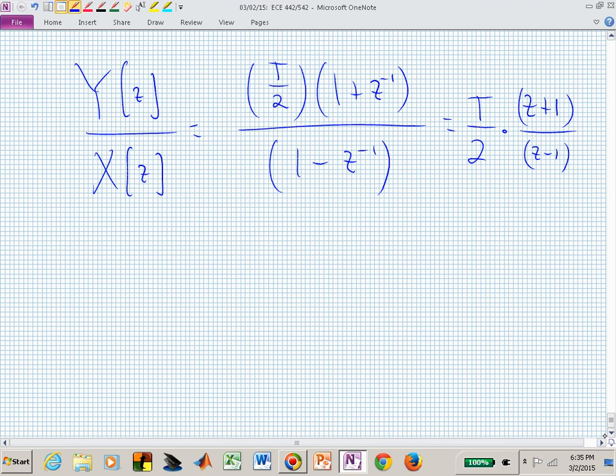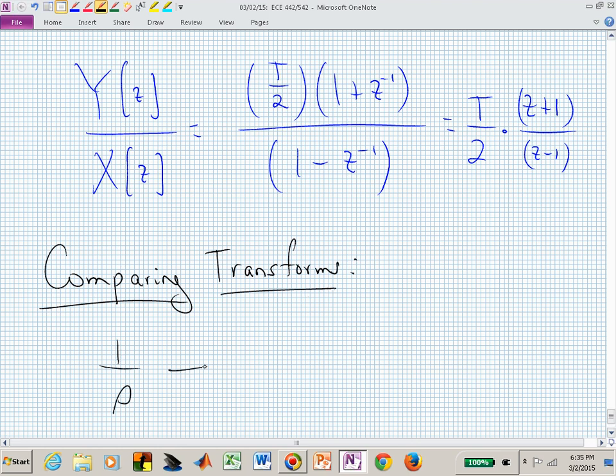But that's the integral comparison, if we compare transforms, 1 over s can be compared to that we just derived, which is capital T over 2, z plus 1 over z minus 1.